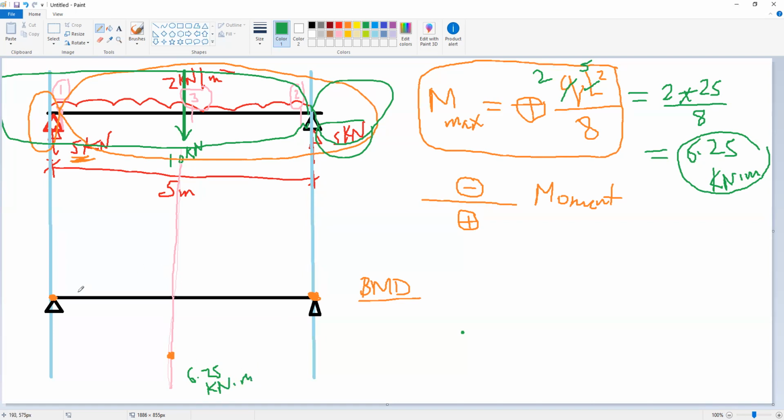The last step is how to connect these 3 values or 3 points. We connect these 3 points with a solid line or a curve. This curve is not good.